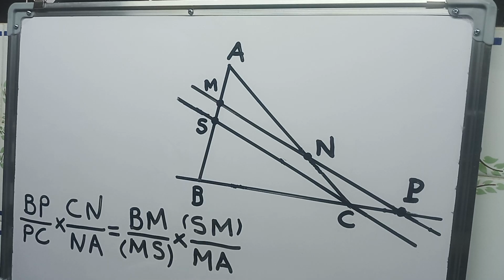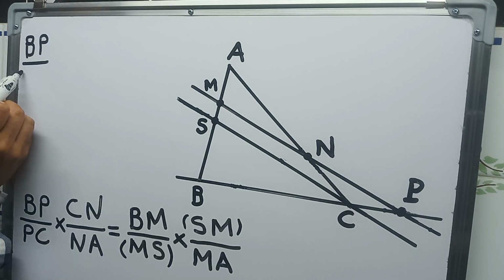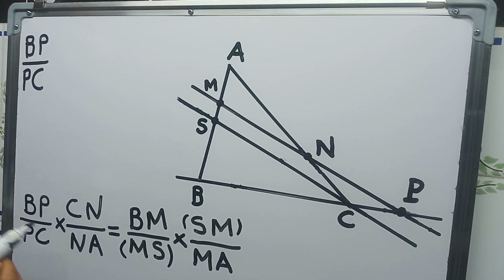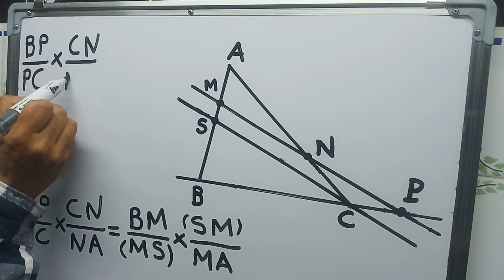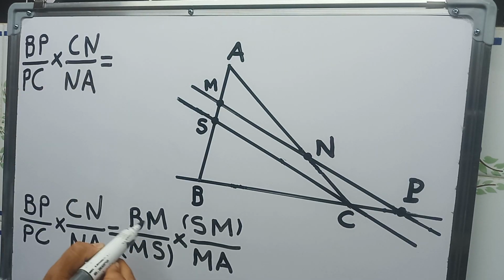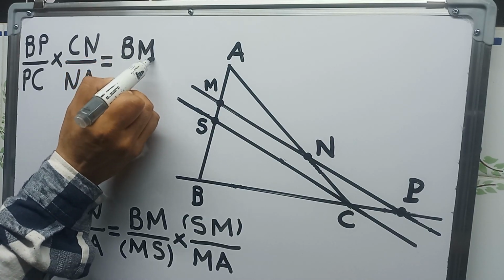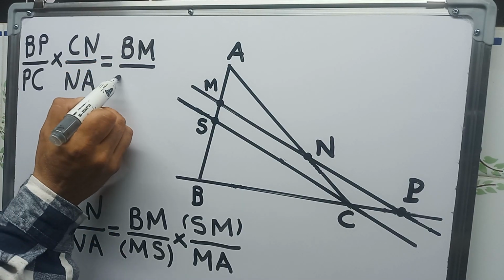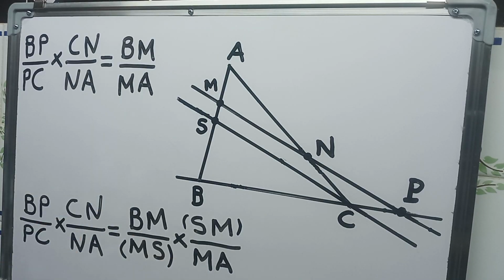It's the same number. So we'll have BP over PC times CN over NA is equal to, and here we will have just BM over MA. This term just cancels.